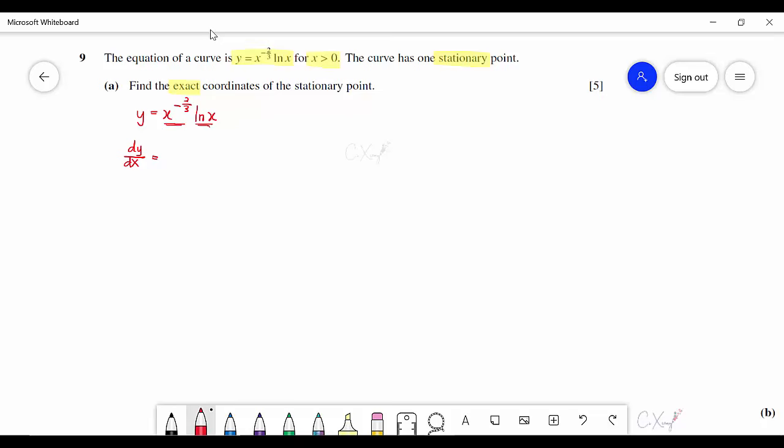You differentiate the first bracket and copy the second bracket. When you differentiate x to the power -2/3, you pull the power in front and reduce the power by 1 to become -5/3, and ln x you just copy. Then plus, you do the other way around: copy the first bracket and differentiate the second bracket. Differentiating ln x, you get 1/x. Then if you want, you can try to simplify it first.